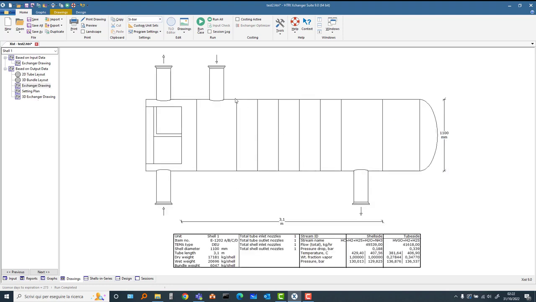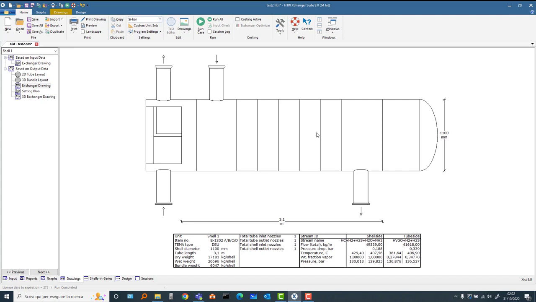So you see that this is the exchanger drawing. There are 1, 2, 3, 4, 5, 6, 7 cross passes. You know that with the vertical baffle cut in a horizontal exchanger, there is no constraint for the number of baffles to be even.